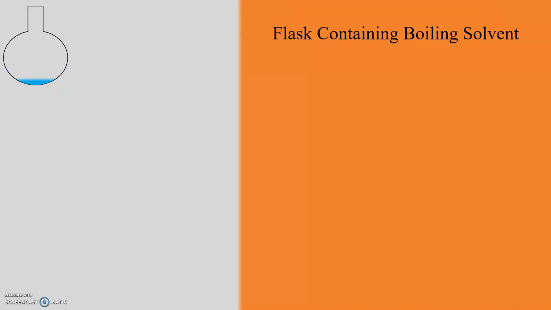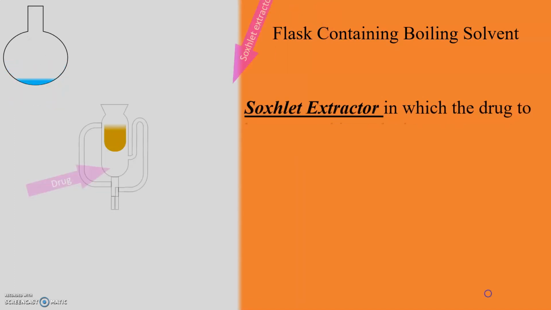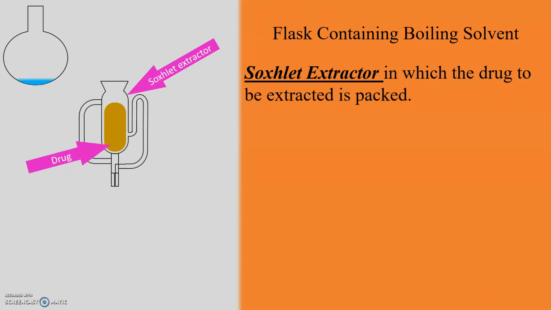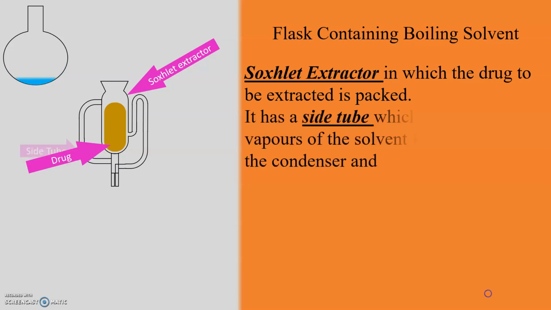Soxhlet extractor is used. It consists of a flask containing the boiling solvent, then Soxhlet extractor in which the drug to be extracted is packed. The drug is packed in a paper cylinder made from a filter paper and it is placed in the body of Soxhlet extractor.